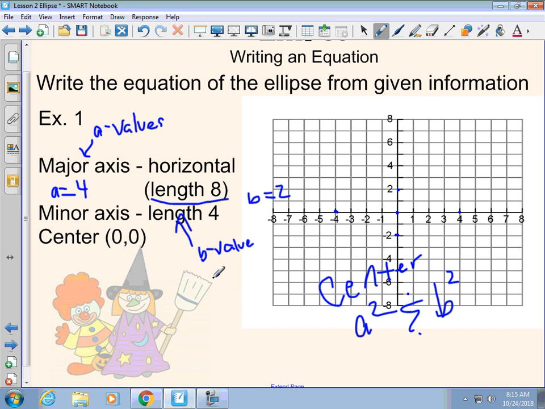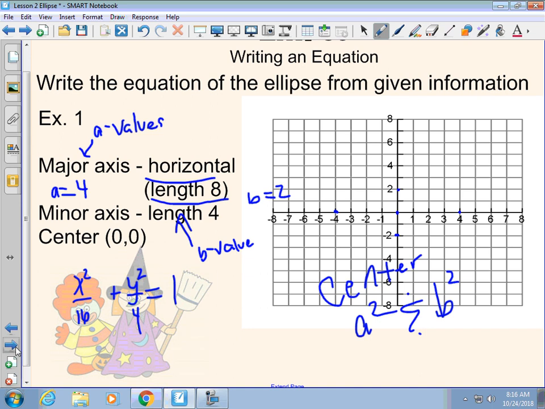So here, our center was 0, 0, so I'm just writing x squared and y squared. And I know it equals 1. Now the bottoms I'm going to get from my A and my B, and we said this was indeed a horizontal, so the 4 squared is going under the x, and the B squared is going under the y, and now I have my equation.